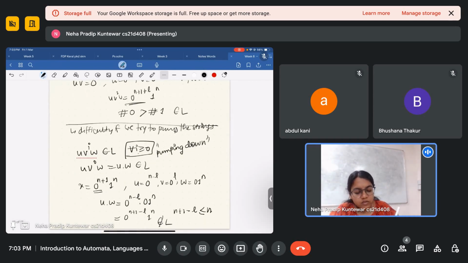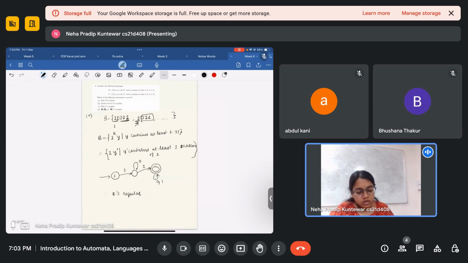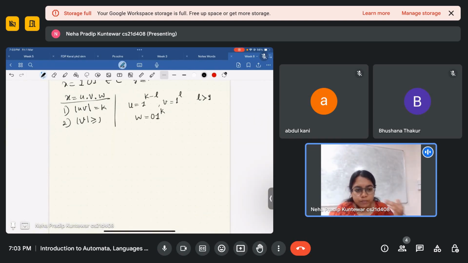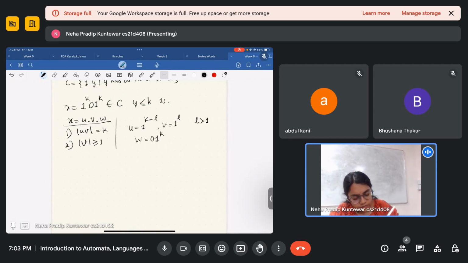What we did instead was we used this trick of pumping down, using the fact that i is equal to 0. Here also, if you pump up, the number of ones only goes up, and that is not working in our favor. So let's do u v to the 0 w, for i equals 0.